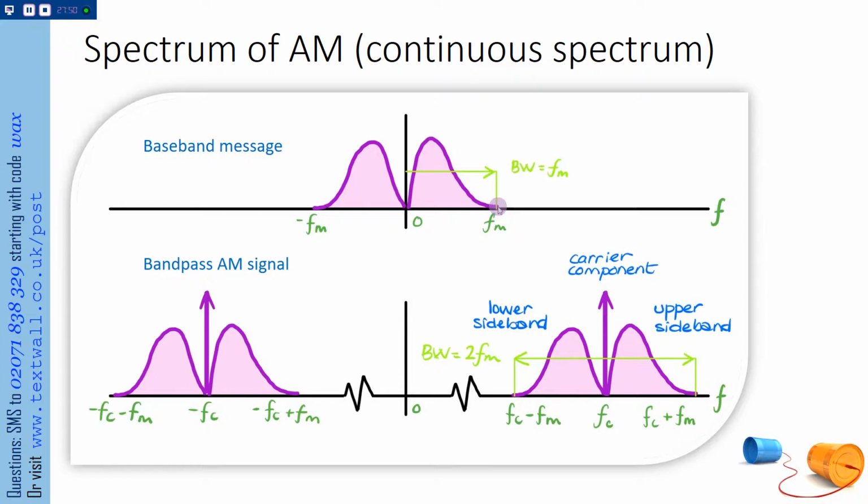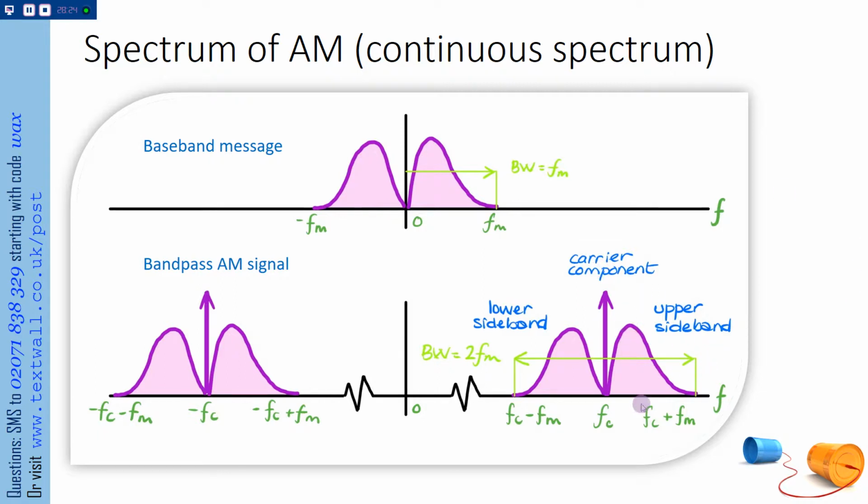That's my baseband message. After modulation, just like this, it gets shifted up all the way to FC. Now, FC isn't that close to FM, so I've exaggerated. To squeeze it onto the slide, I've had to compress the frequency axis, so hence you have that crumpling there. So FC is your carrier frequency. The carrier component, that's the DC term that we added.